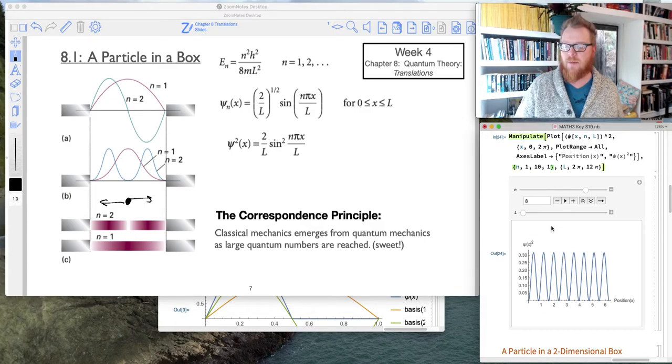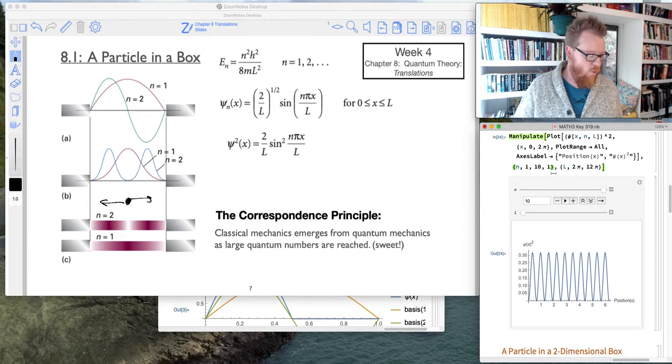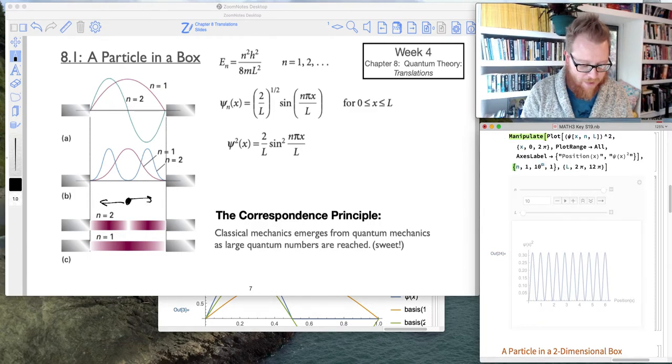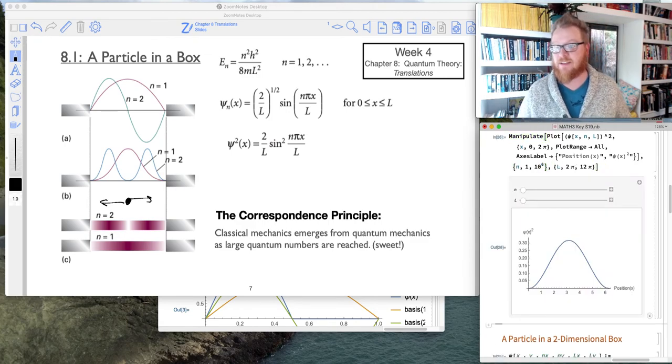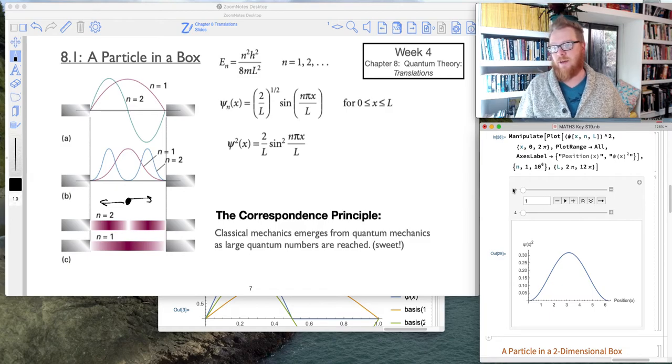In my little simulation, I'm allowing n to go from 1 to 10, in units of 1. You can see it maxes out at 10. What if I allowed it to go up to 1,000,000? Let's just let n scale all the way up to 1,000,000. What does that look like?